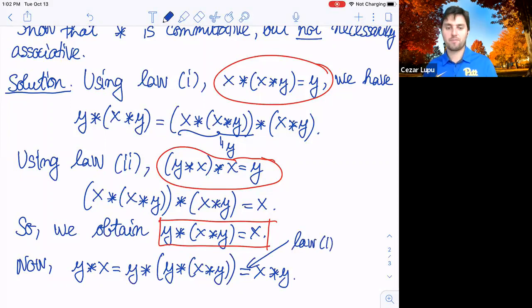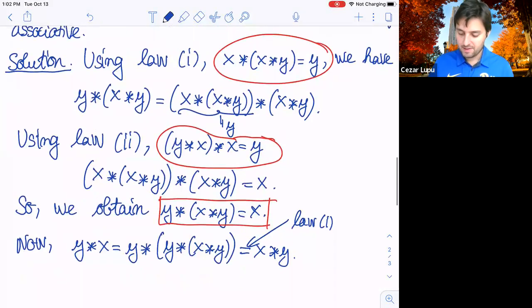Just look at it. Right? Anyway. So y, look inside law one. y x is y. You see it here inside as well. And y is x star y.